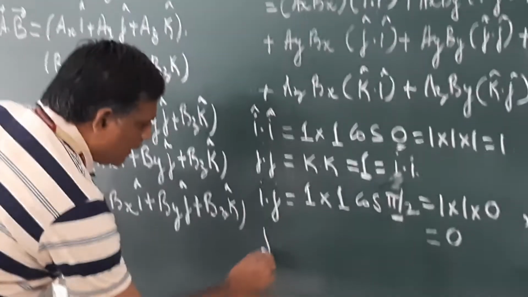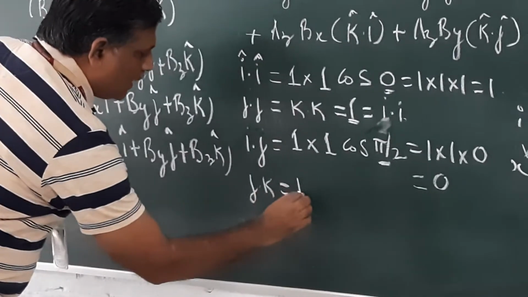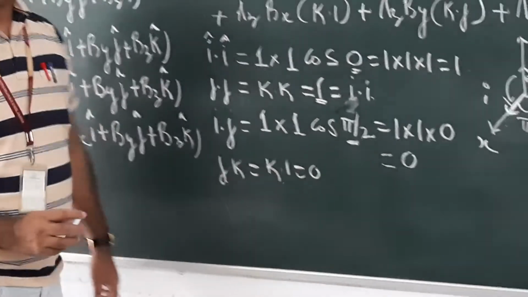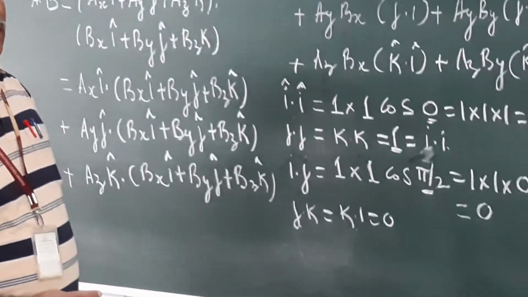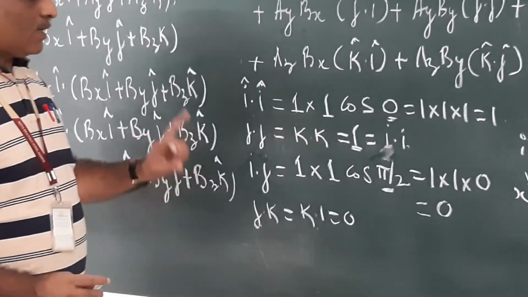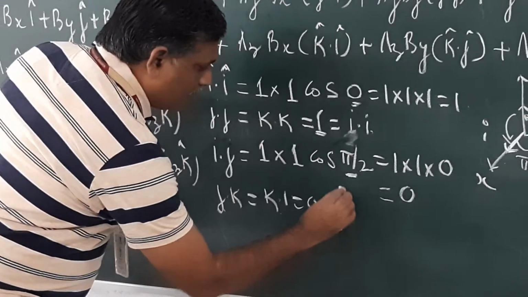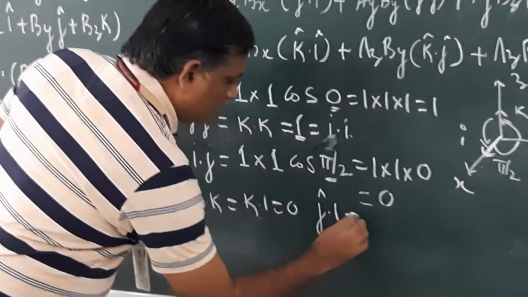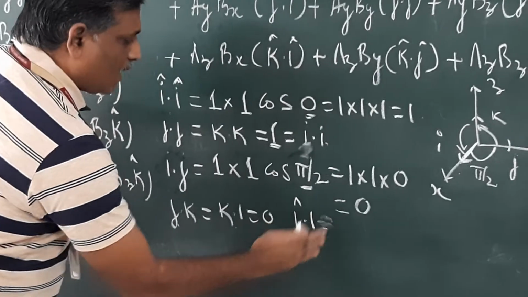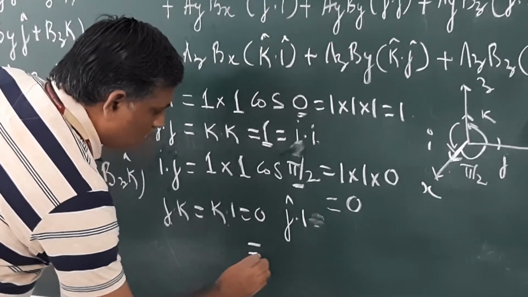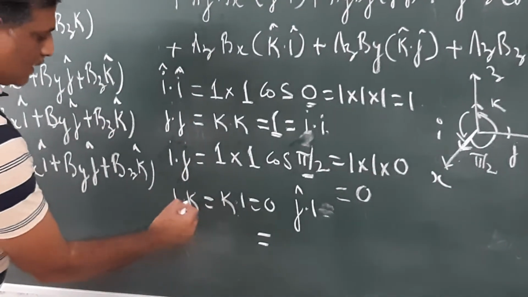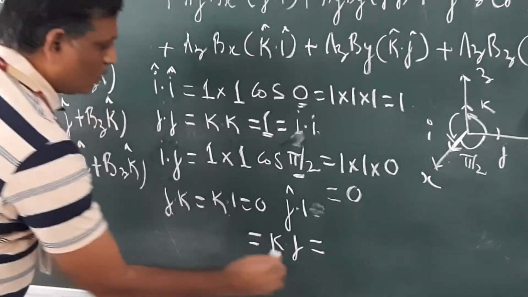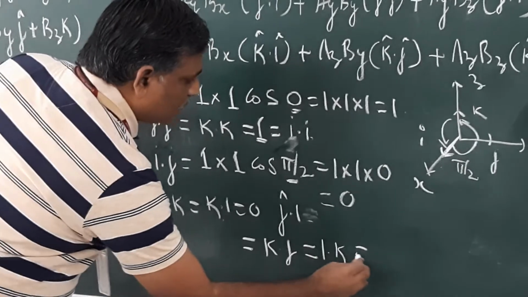Similarly, J dot K and K dot I are equal to 0 because the angle between them is pi by 2. We all know it is commutative, so J dot I, having changed the order, is equal to K dot J, which is equal to I dot K, which is finally equal to 0.